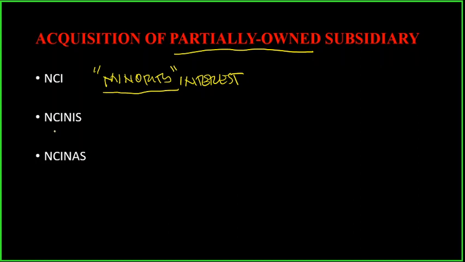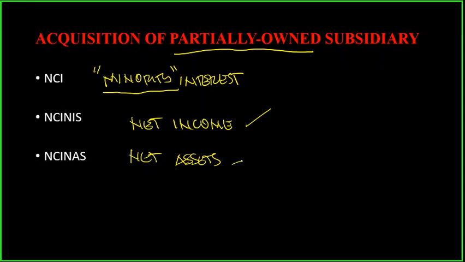You have your NCI in net income and NCI in net assets. What's this? This is your non-controlling interest in the net income of the subsidiary, so this pertains to your net income. What about this? You have your non-controlling interest in the net assets of the subsidiary. This one, you will see in the income statement or statement of financial operation.